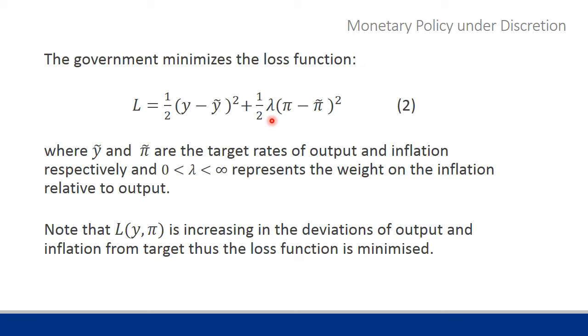There is a weight here also on this element of the loss function, lambda. The lambda represents the amount that the central bank or government cares about inflation, or the inflation gap, over and above that of the output gap. And notice that the loss function is increasing in the deviations of output and inflation from their target rates. So volatility in the economy causes greater losses for society.